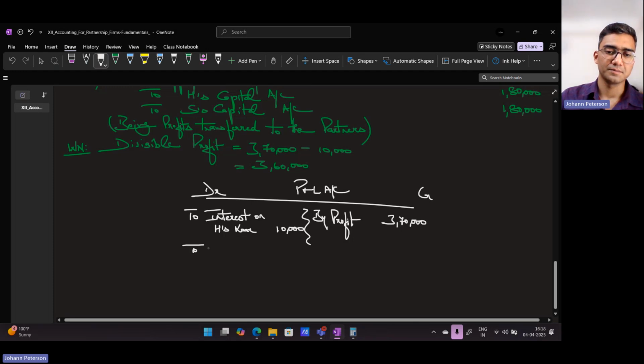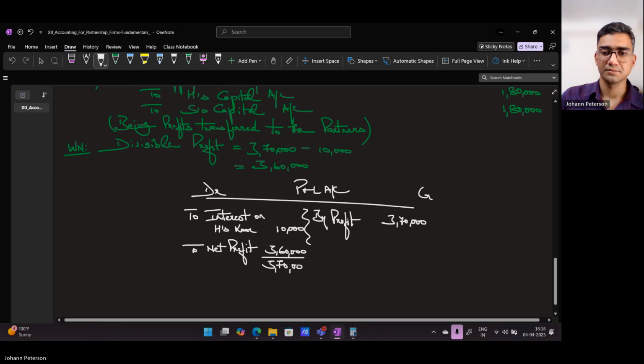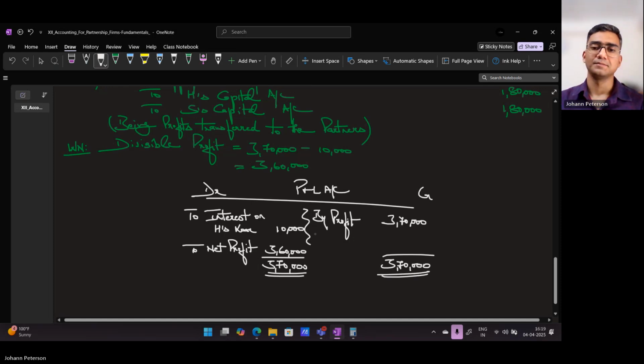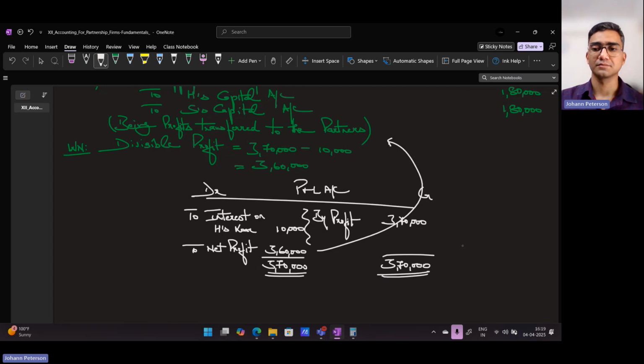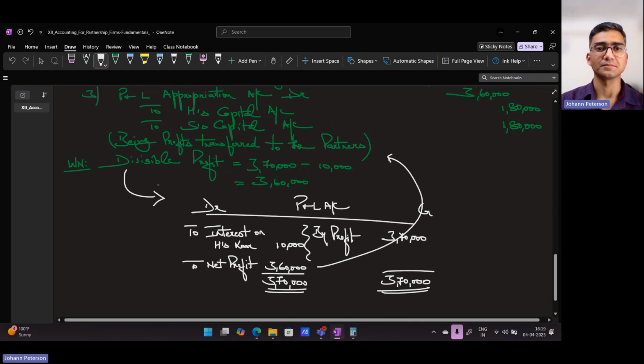So here we are left with a net profit of 3,60,000, which is what we have distributed here. So the same thing is shown here diagrammatically with an account, how we have calculated it.